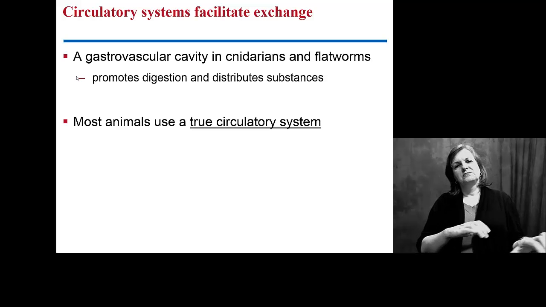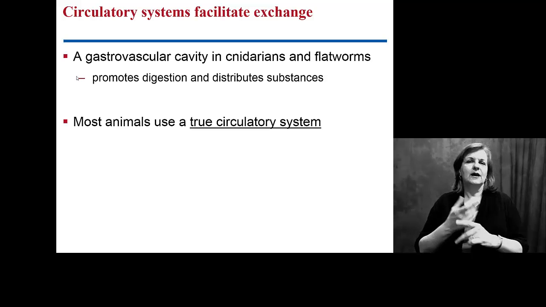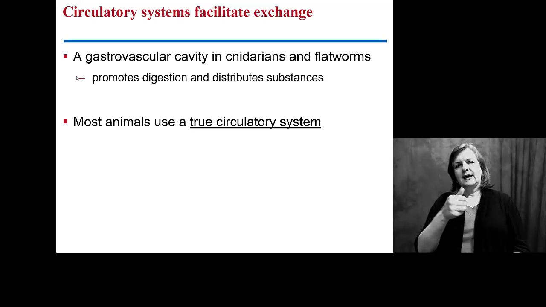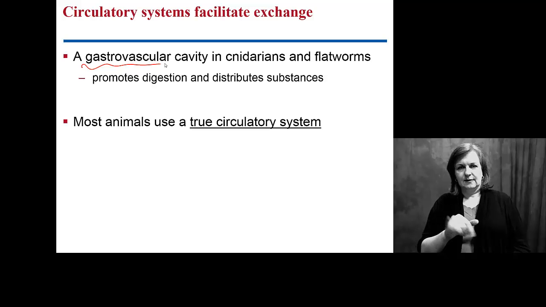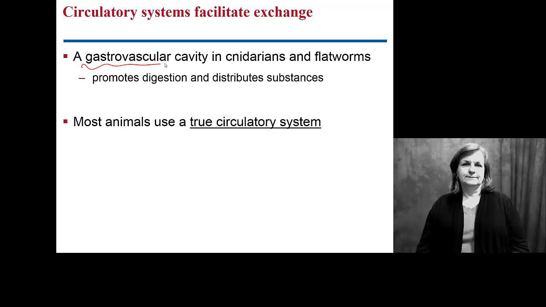In more simple organisms, we can do a basic kind of exchange through the gastrovascular cavity. And in this case, we're looking at bringing in everything that we need through a single opening.